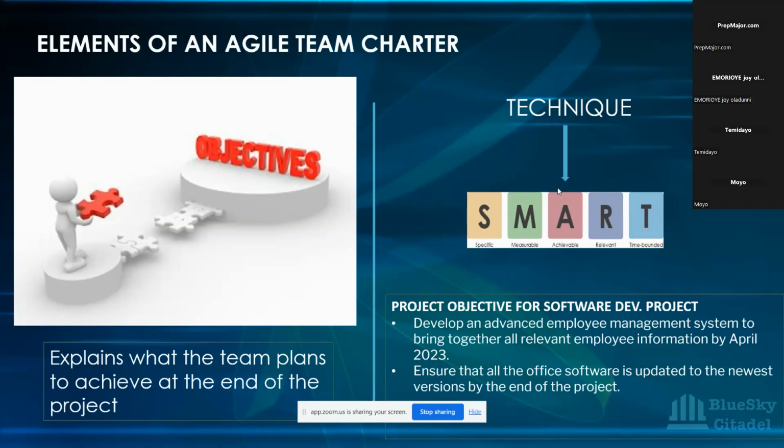So, for example, a team whose project is based on managing employee information could have an objective to develop an advanced employee management system to bring together all relevant employee information by April 2023. So this is measurable. It is time bound.